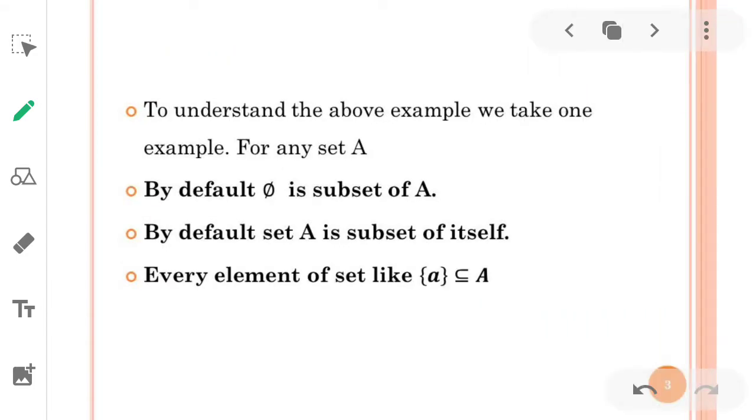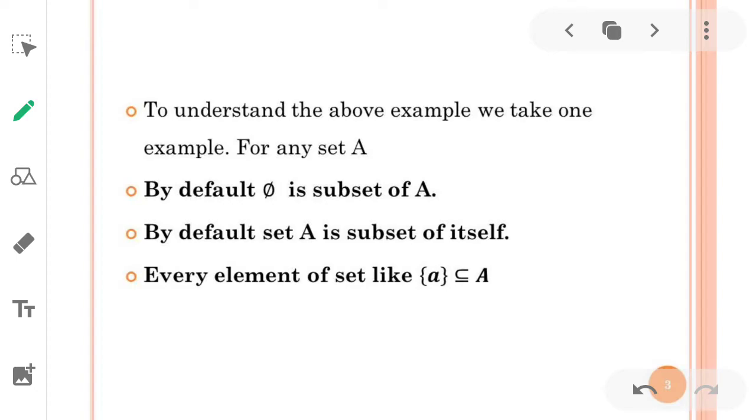Then actually we have to understand here what are the standard subsets of a set. So first of all, if we consider any set A, there are two standard subsets. One is phi, second is the set itself. So only these things are written here. By default, phi is a subset of A. By default, set A is a subset of itself.